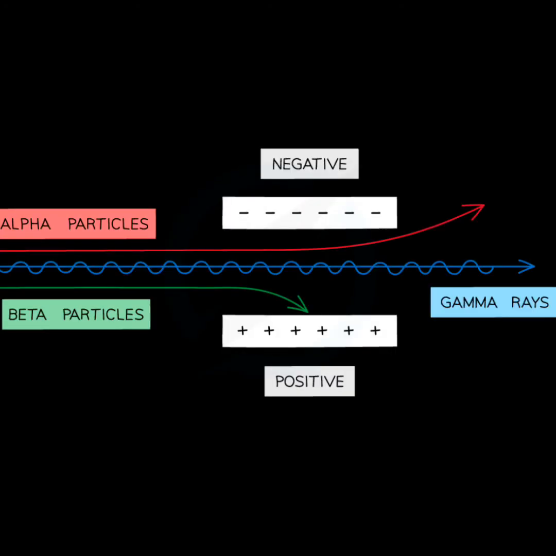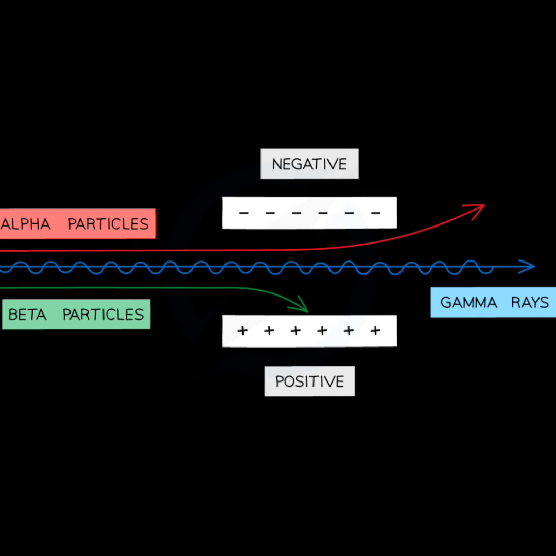Now, what is going to happen if these radioactive substances are made to pass through an electric field? The alpha particles and the beta particles are going to be deflected, with the alpha particles being deflected to the negative side of the electric field because they are positively charged, because positive and negative attract.